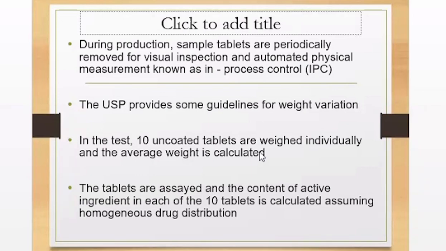So how do you find the average weight? You get the sum of the weights and divide by the total number of tablets. Then you can get what we refer to as the standard deviation. This is not part of the notes you must write. You have to look at how to calculate the standard deviation.